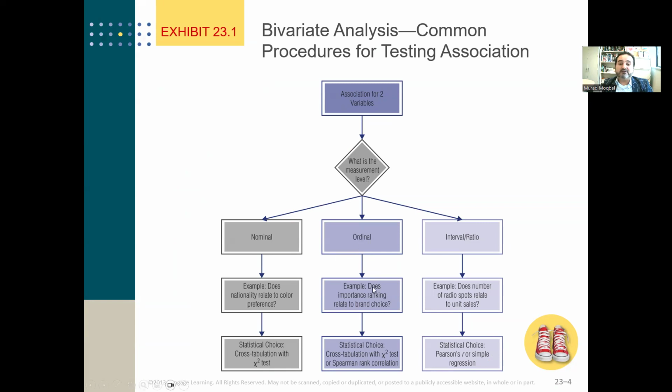But say you have a research question between only two variables: does importance ranking relate to brand choice? The brand choice here is the nominal or categorical variable, and the ranking is the ordinal, right? In that case, you can use chi-square, or you can use correlation as well.